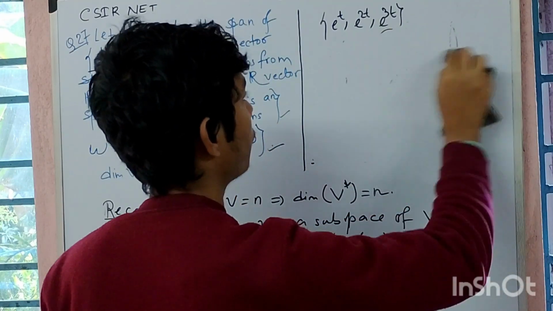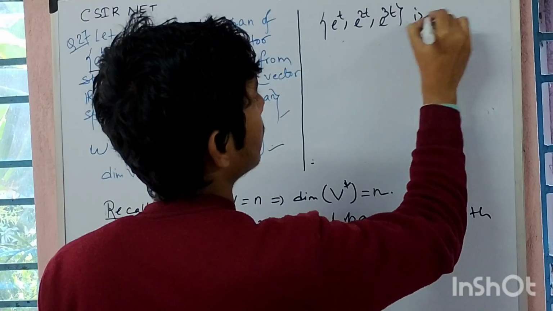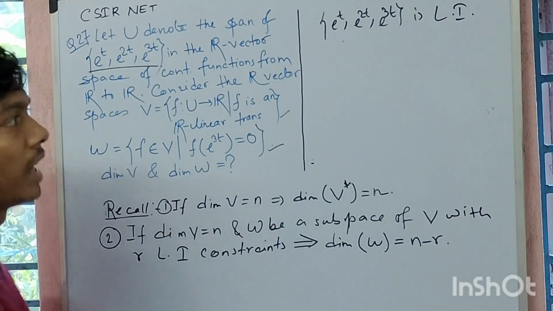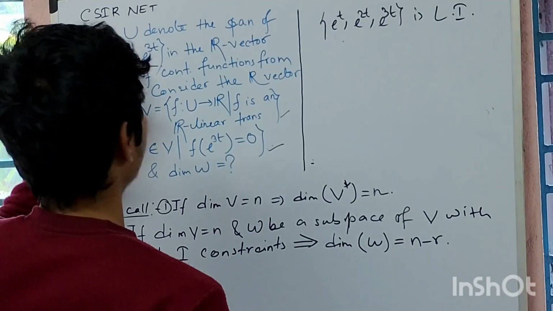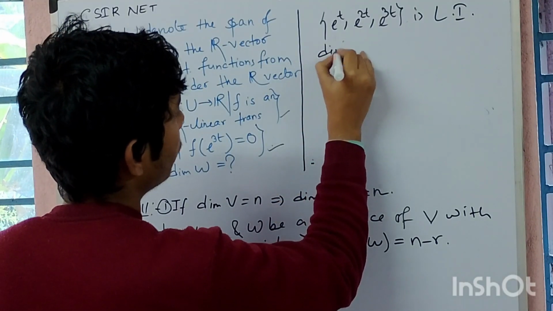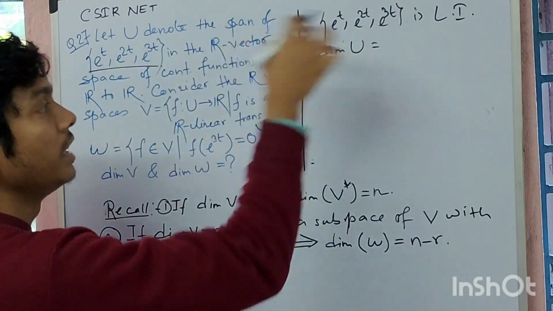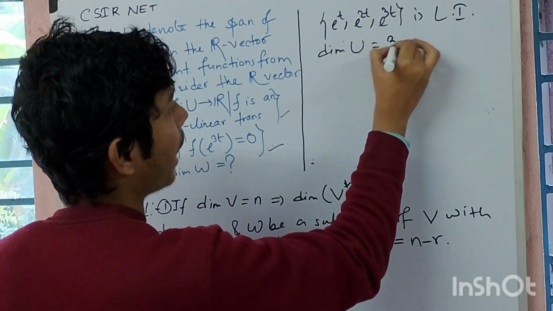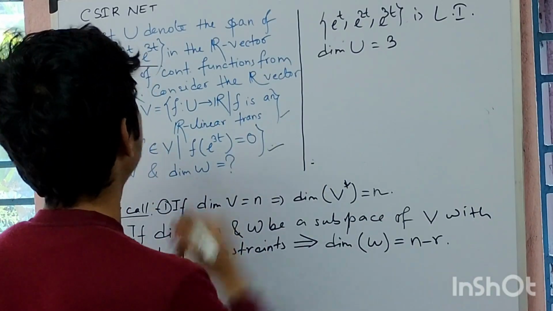So this is linearly independent, and U is the span of this set. If the set is linearly independent, then the dimension of its span will be 3. So the dimension of U equals 3.